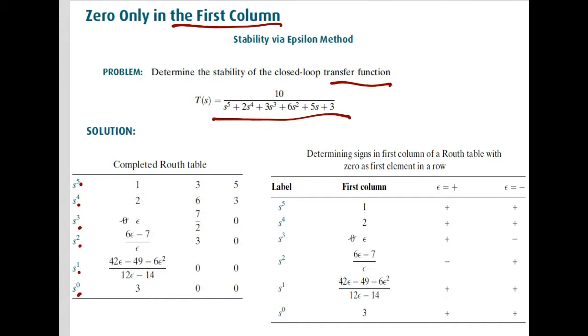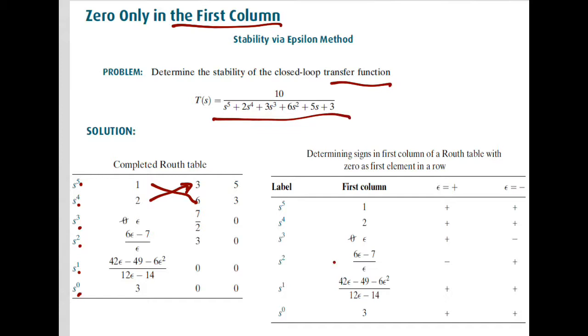In the first column we write 1, 3 and 5. In the second column we have 2, 6 and 3. In the third column we find 6 minus 6 divided by 2, that is 0.